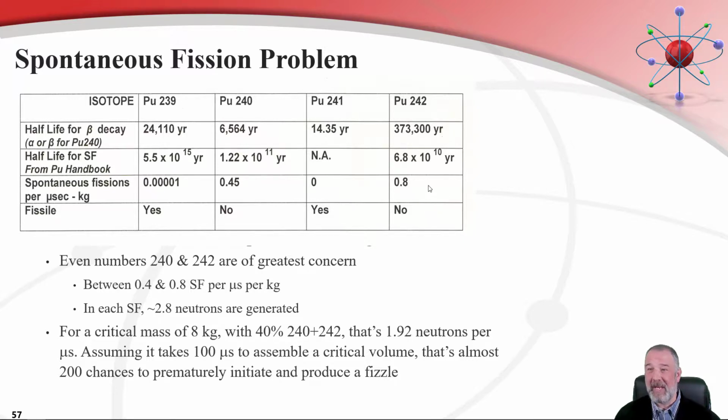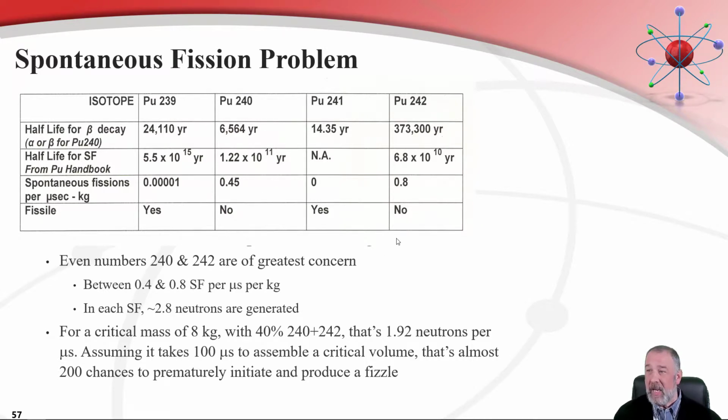And so what we end up with is even more spontaneous fissions per unit mass than 240. So if we take these numbers and we put them all together, we don't want these extraneous neutrons to set off our nuclear weapon before we want it to. If it does, we don't have a functioning nuclear weapon anymore. We have something called a fizzle.